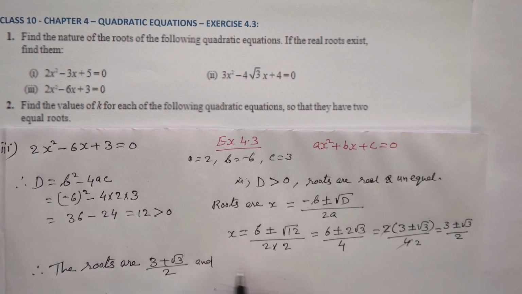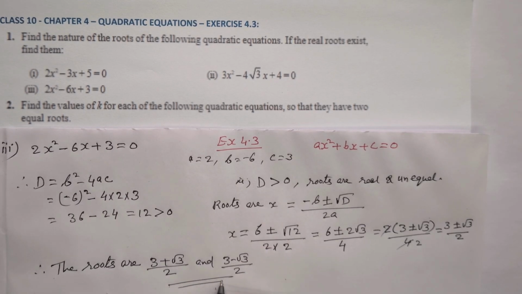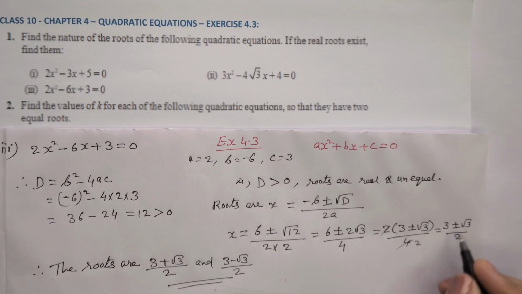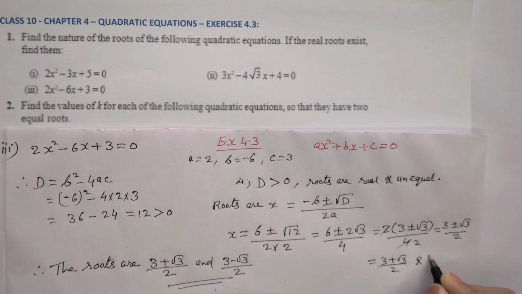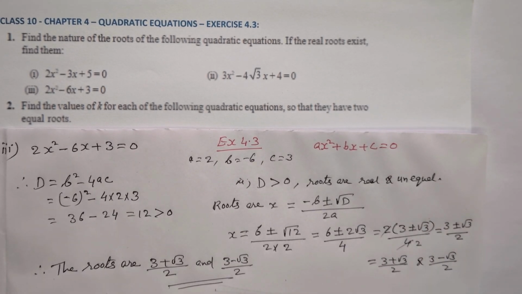And second one (3 − √3) by 2. These are the roots here. When we are taking here directly, if you want we can write as (3 + √3) by 2 and (3 − √3) by 2. So the roots are.